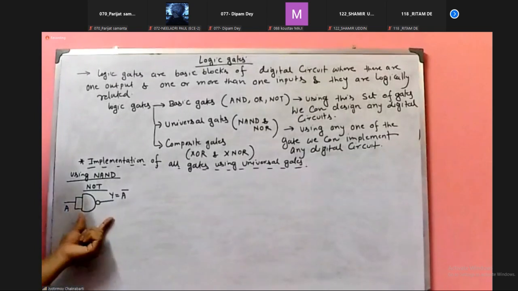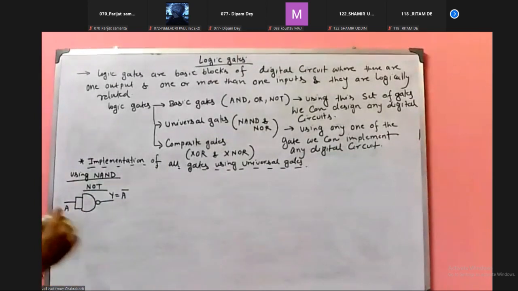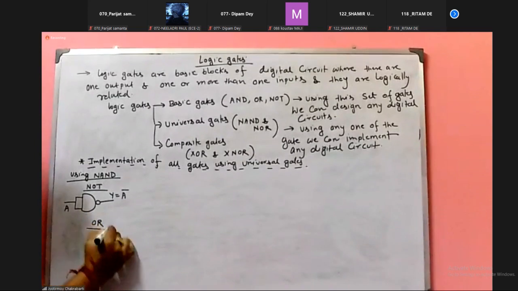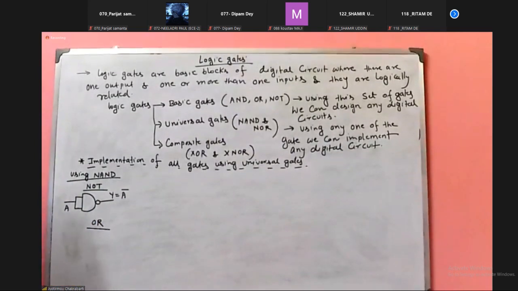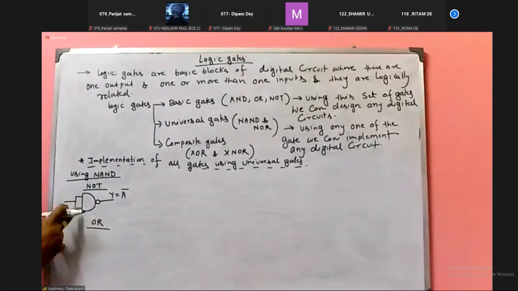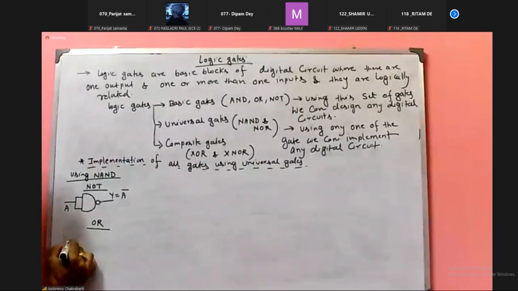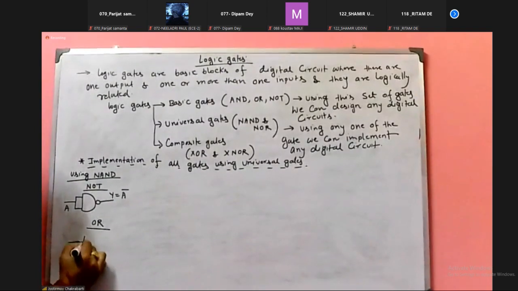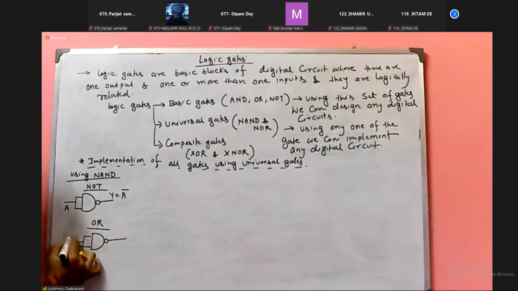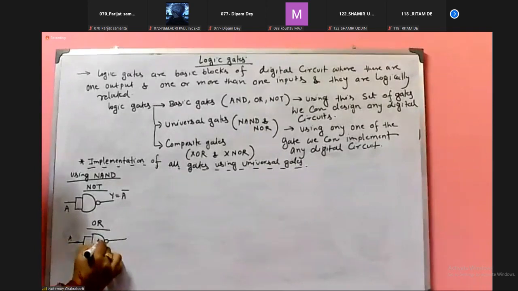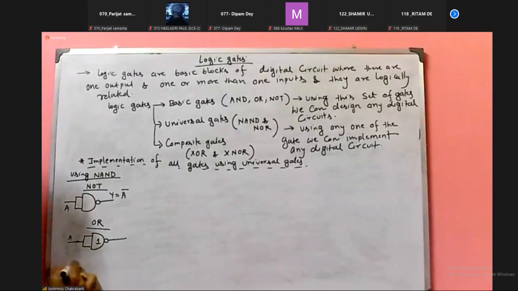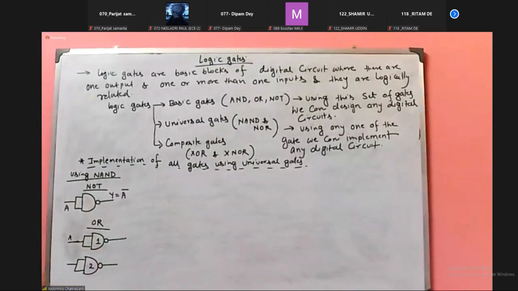What about the OR gate? For designing an OR gate, we take the help of this. This is one NAND gate and this is another NAND gate, whose two inputs are shorted and inputs are given there.